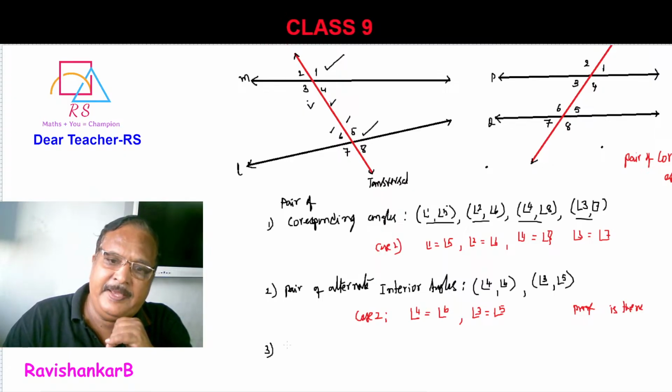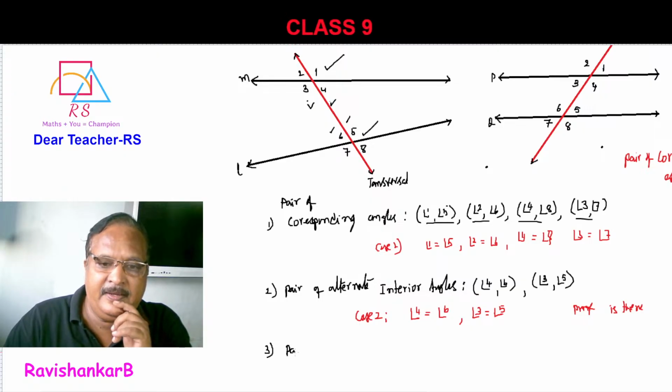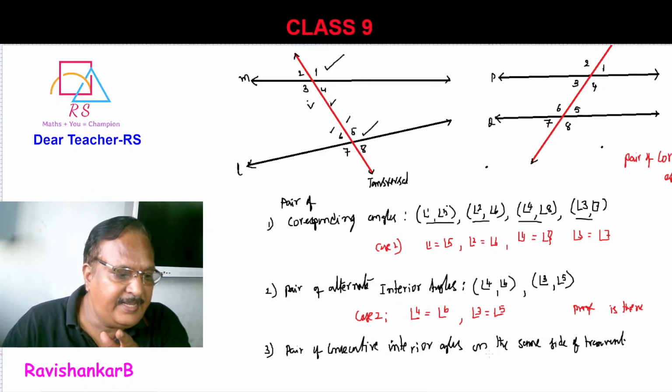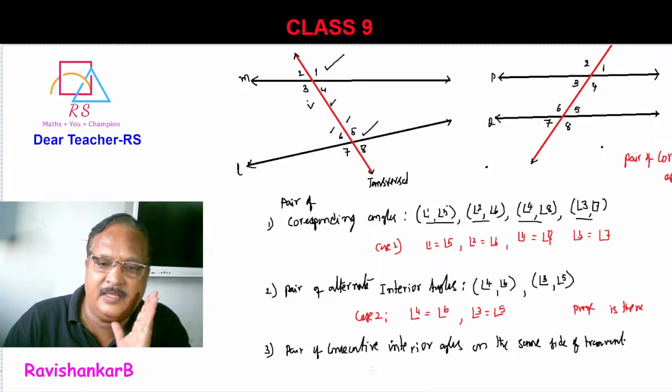The pair of alternate exterior angles is also there, but we are not using it. Pair of consecutive interior angles on the same side of the transversal. They should be interior, but they should be on the same side.